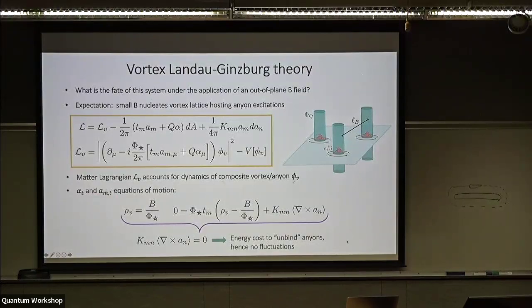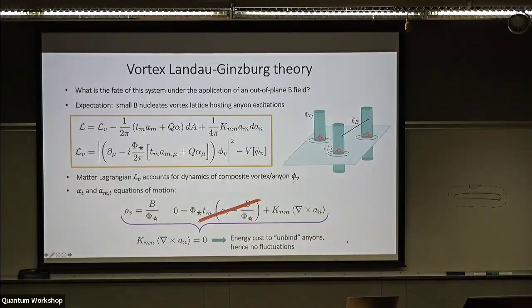And then if we look at the equations of motion for these A's, this thing goes away, essentially telling us that the anyon current M, so that's what this object is, is 0. So it costs energy to unbind these anyons from the vortices, and so fluctuations are suppressed.